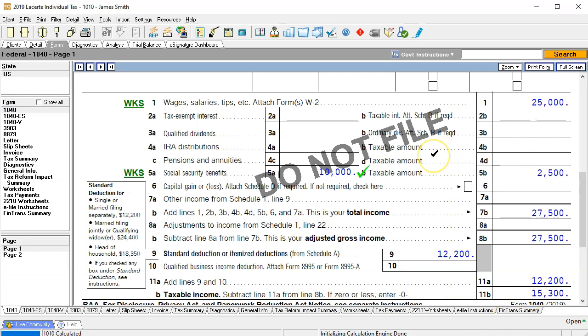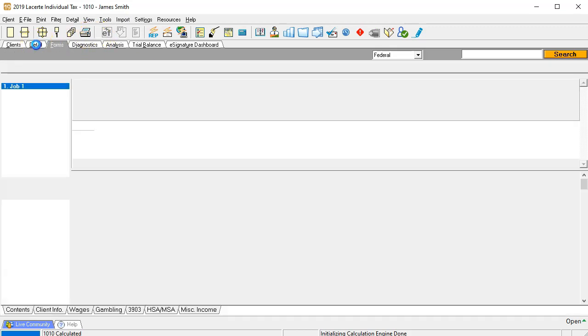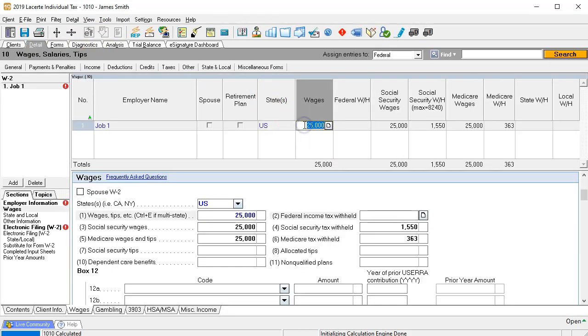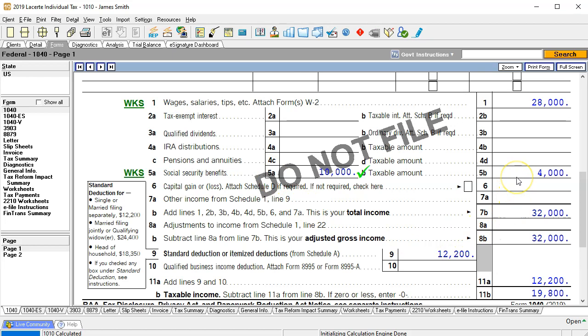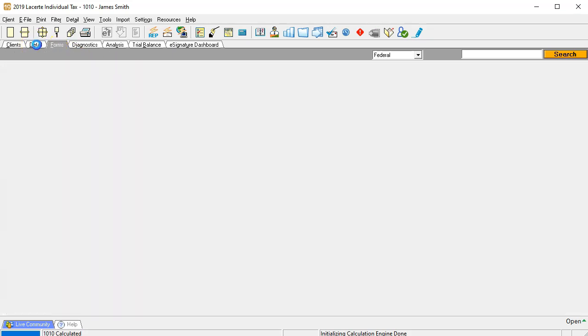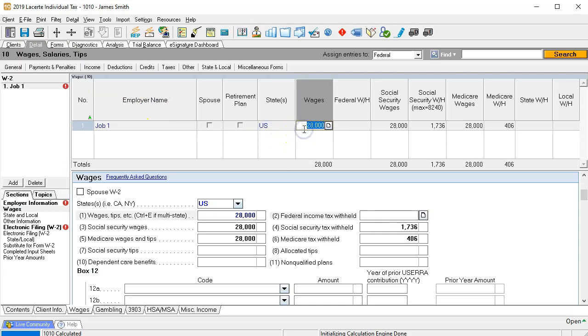And then, of course, you could just test this up to the 34,000. If we went back over here and said, what if it was 28,000? I go back over to the forms, and now it went up to 4,000, and we're at 40%. What if we put it at 30,000?